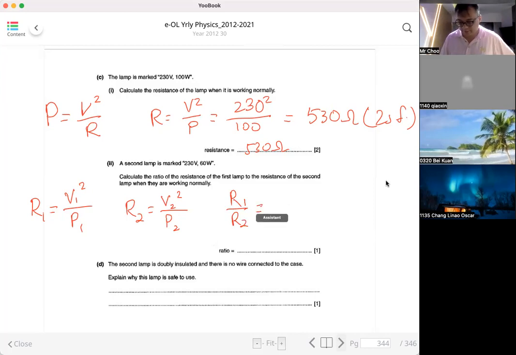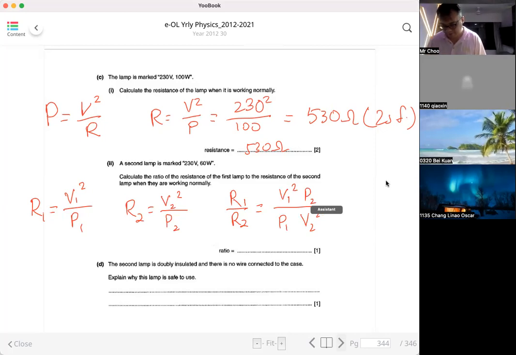What do I get? So I'll get V1 square over P1 divided by V2 square over P2. Am I right to say that? And because their V are the same, can I cancel this V?